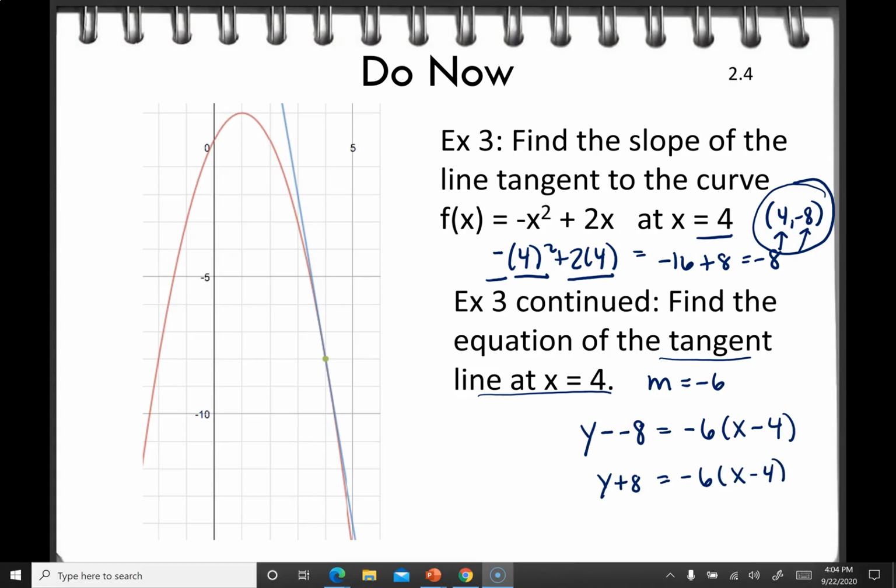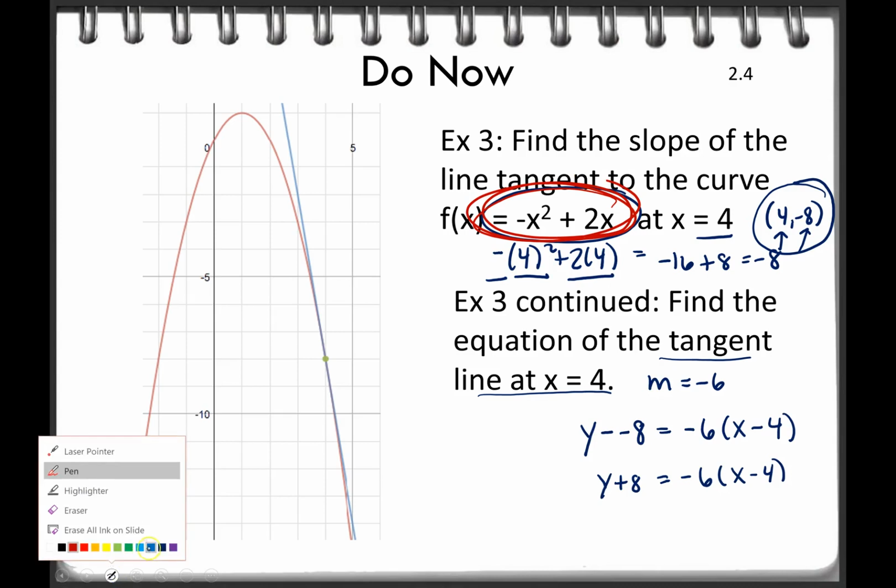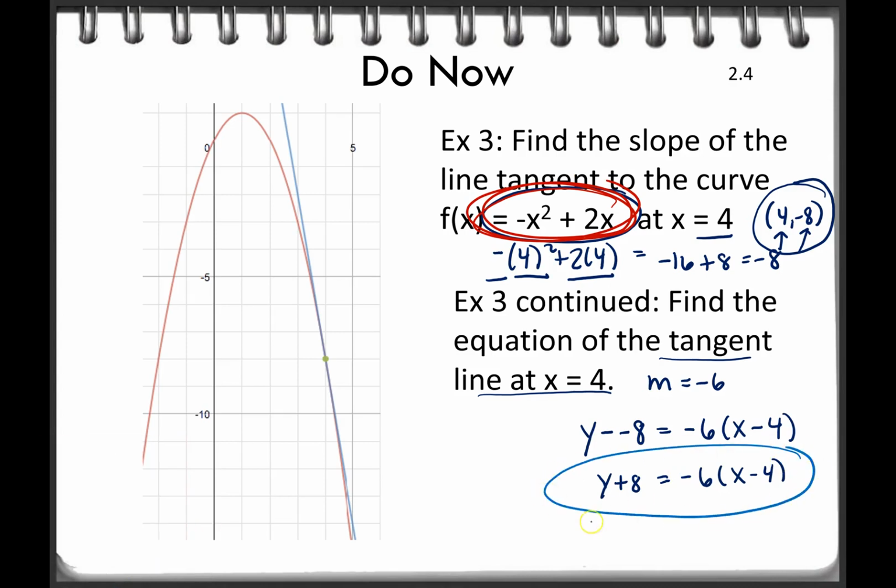All right, so let's take a look at what we found. We just found that we've got our equation negative x squared plus 2x, which is in red. And then my equation is actually in blue, right? So this represents the equation of my tangent line.